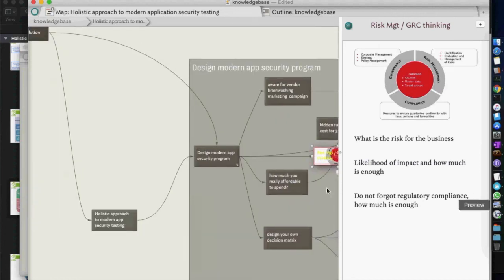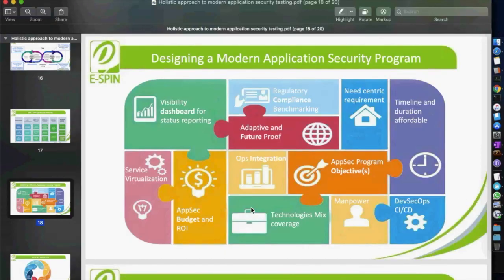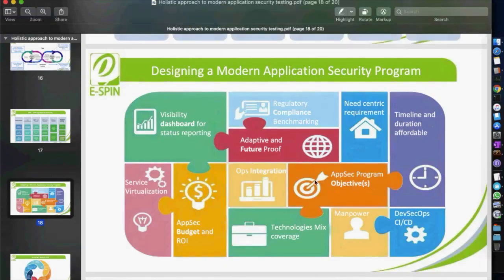We hope that by sharing what we talked about, this quick summary helps you design a modern application security program that works for you. It is future proof and helps you develop your in-house program based on your need, instead of being brainwashed by vendors in the market and ending up with something you do not need.